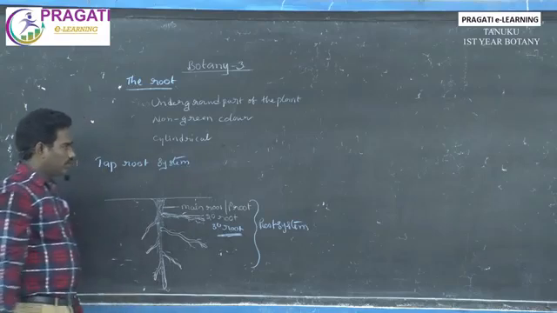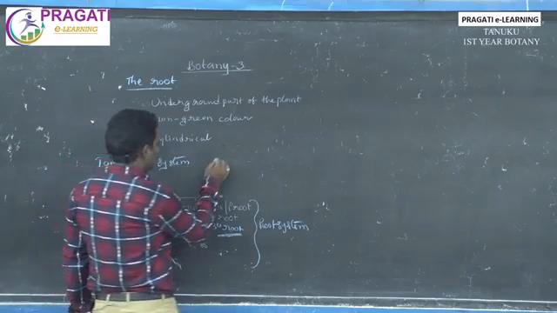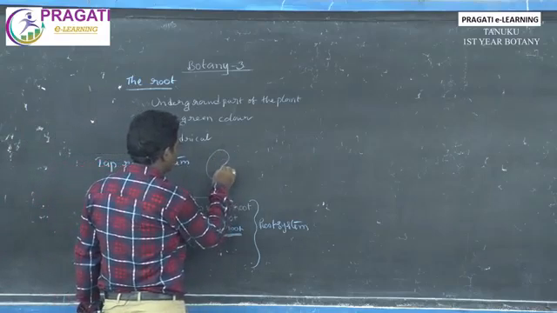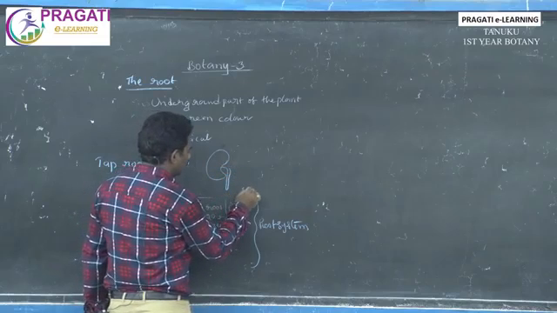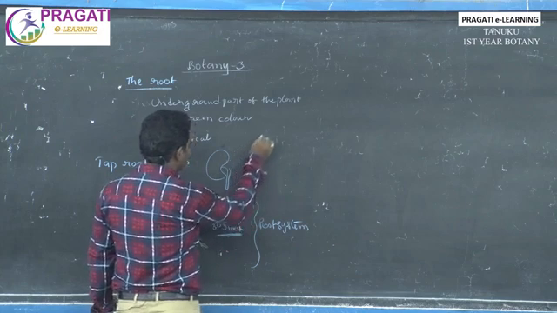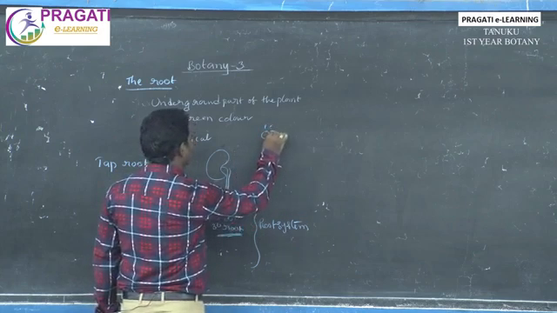During germination of the seed, this is the seed, this is the soil or ground level, and this is the sunlight.